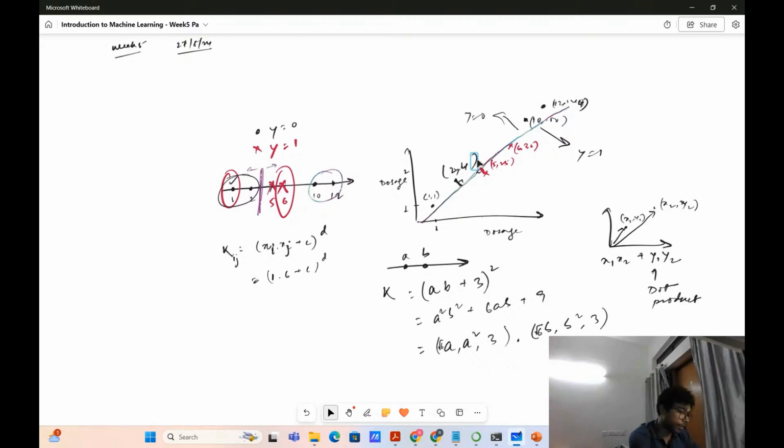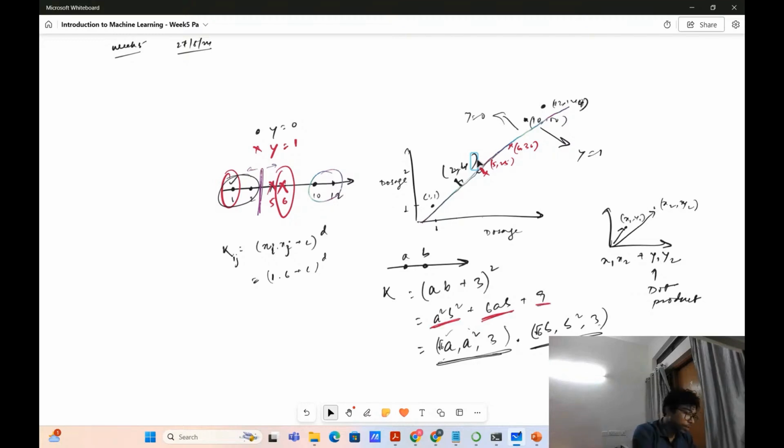Similarly, this is one vector and this is another one. The dot product will be multiplying the corresponding values. So root 6a times root 6b will give you this term, and a square times b square will give you this term. 3 times 3 will give you this term, 9.